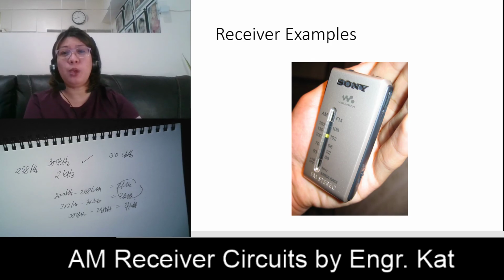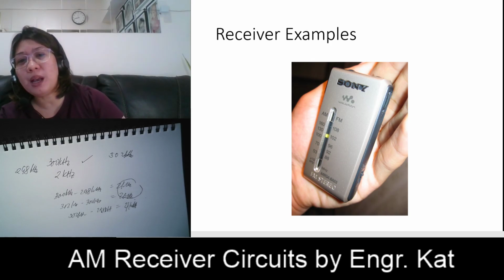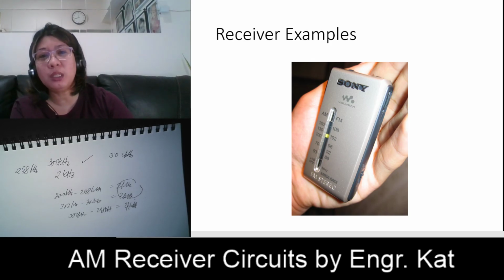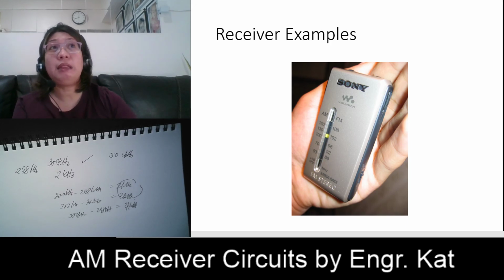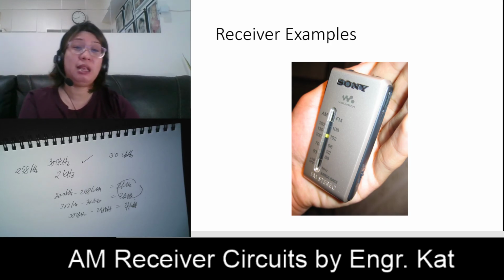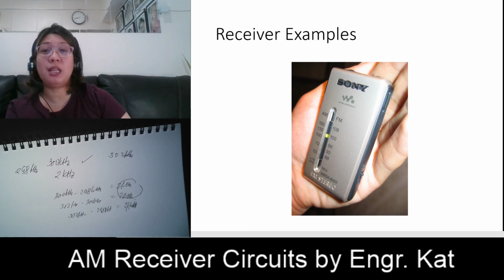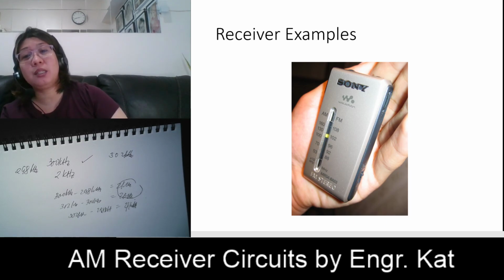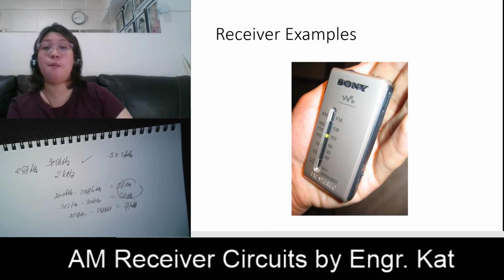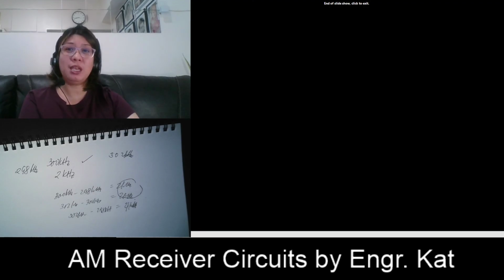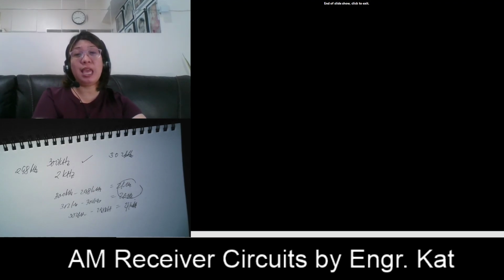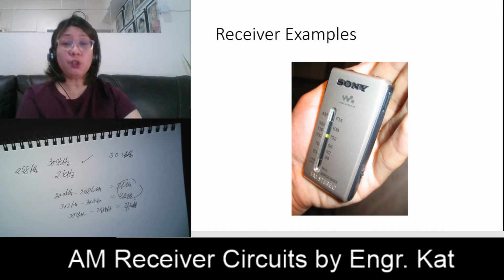Then we have no mechanical tuning. This is also mechanical tuning here, but nowadays in your car you have what we call digital tuning. This is an example of a receiver capable of both AM and FM. So that's it for our AM receiver circuits.